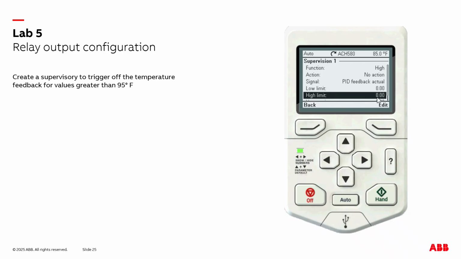We're going to adjust the high limit here. Recall, it was 95 degrees Fahrenheit. So this completes the first part of Lab 5, where we're just setting up the supervisory in the drive to trigger off of the feedback signal when it exceeds 95 degrees Fahrenheit.